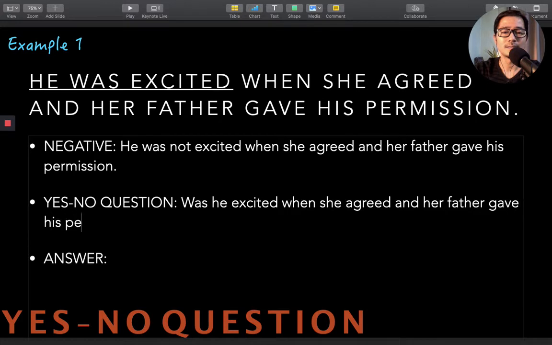gave his permission? When you ask a yes-no question, at the end you have the rising tone. That's how you signal to whoever you're talking to that you are asking a yes-no question. Was he excited when she agreed and her father gave his permission?